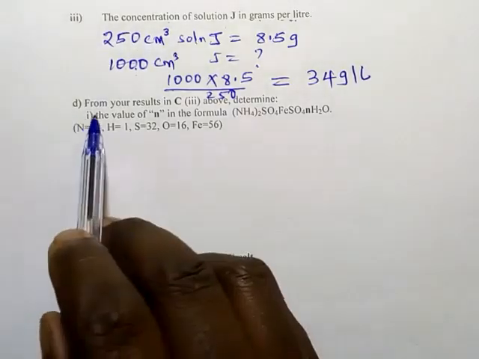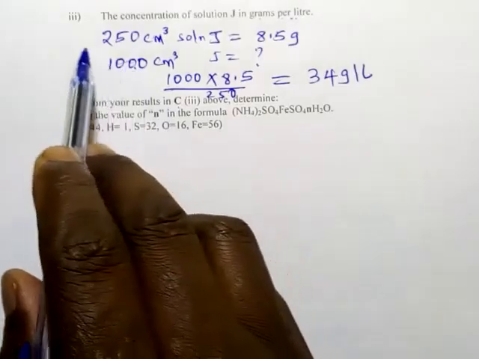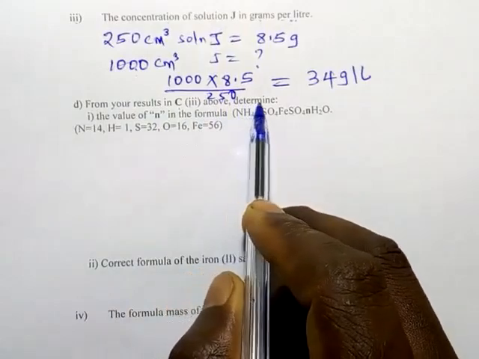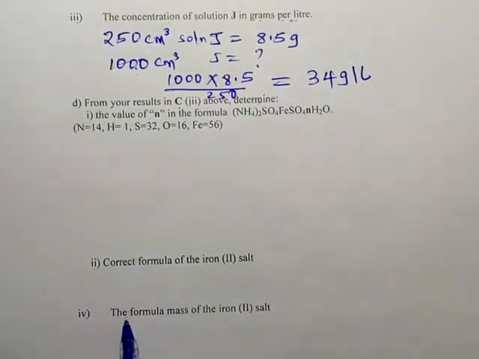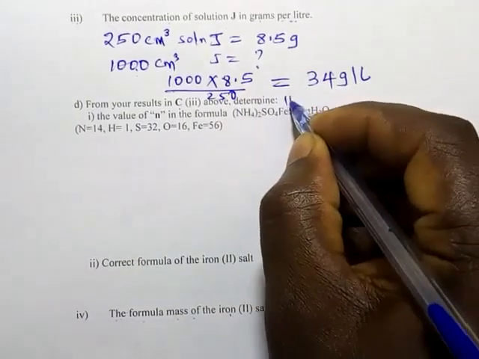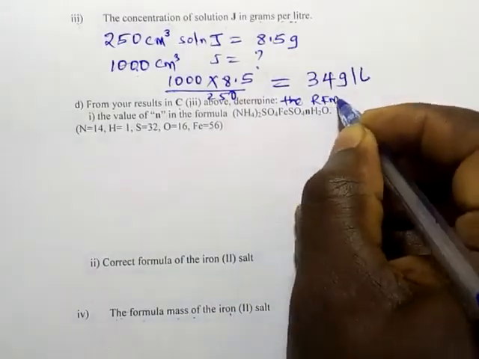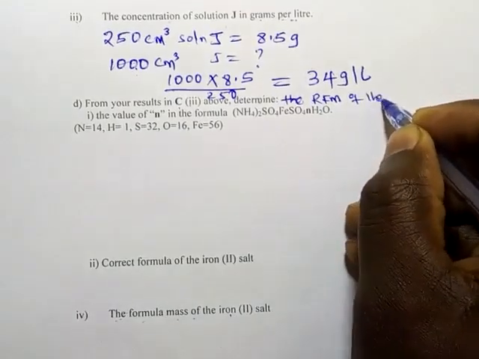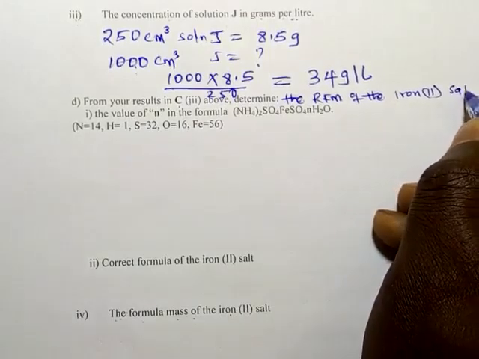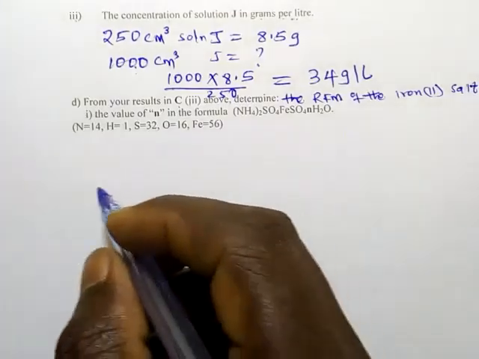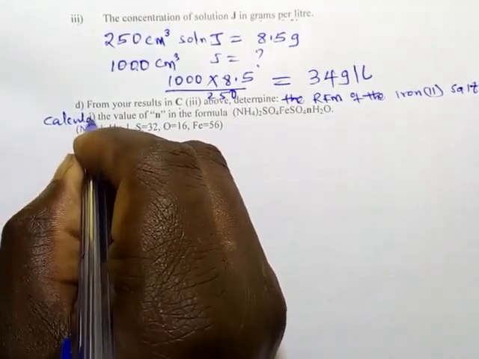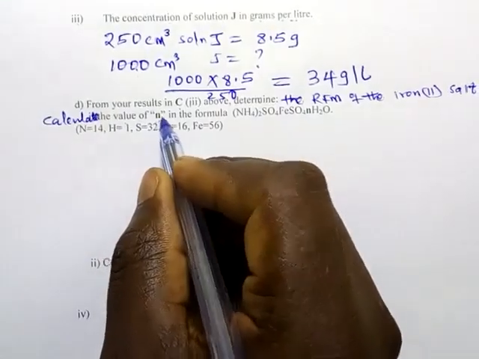Next question. From the result in 3C Roman 3 above, determine the RFM of the iron 2 salt, hence calculate the value of N in the formula.